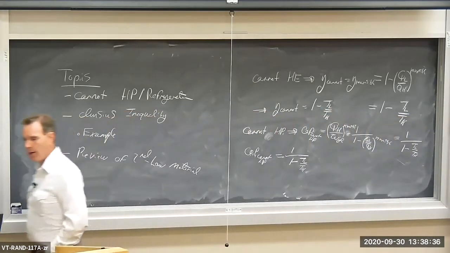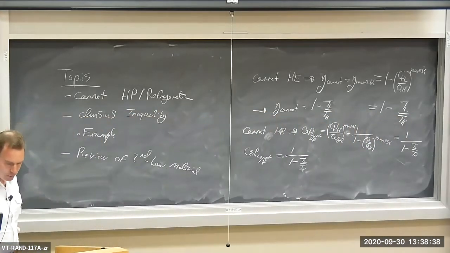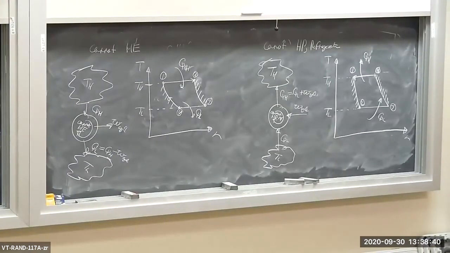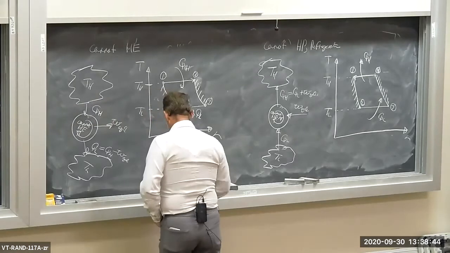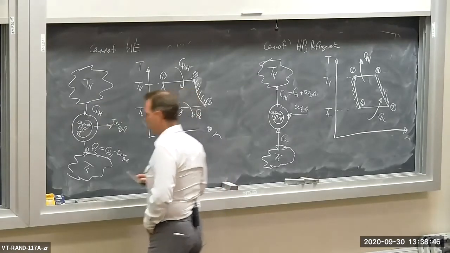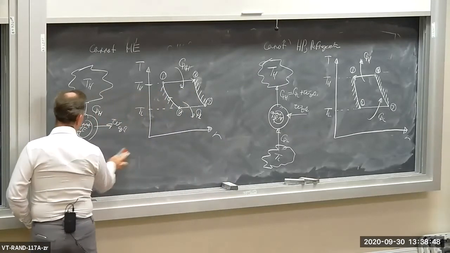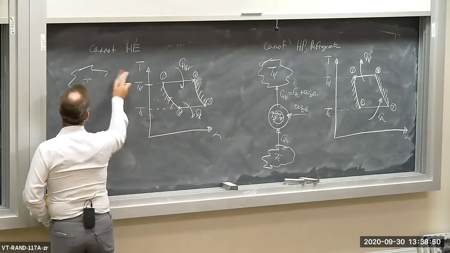All right, let's try to get a little bit more distance here between these pictures that we have about the second law, and try to get to a little bit more solid footing in terms of mathematics.